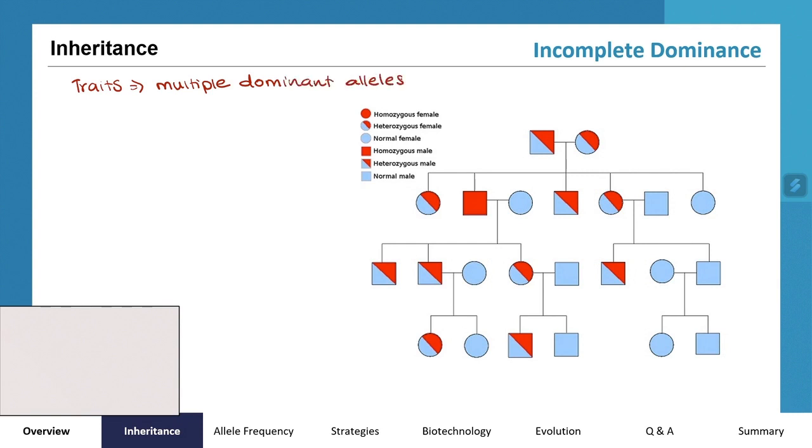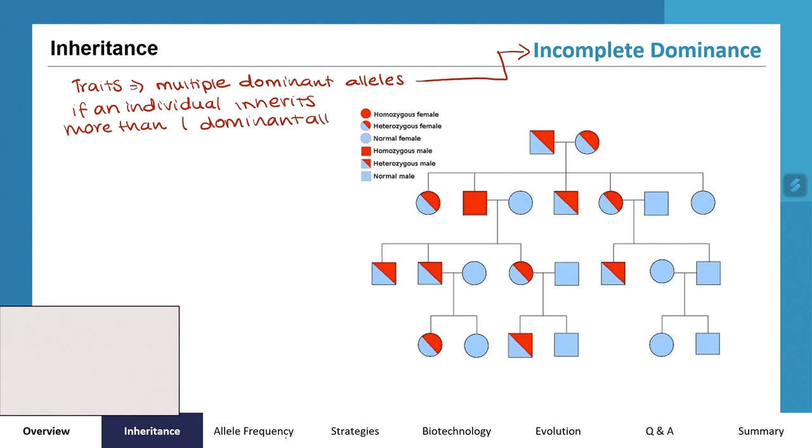And the inheritance patterns that result from multiple dominant alleles, one of them is called incomplete dominance, where if an individual inherits both dominant alleles, inherits more than one dominant allele, a new phenotype is expressed.